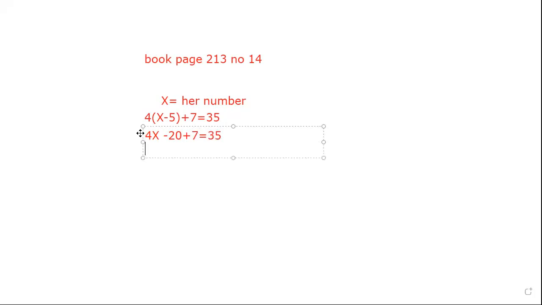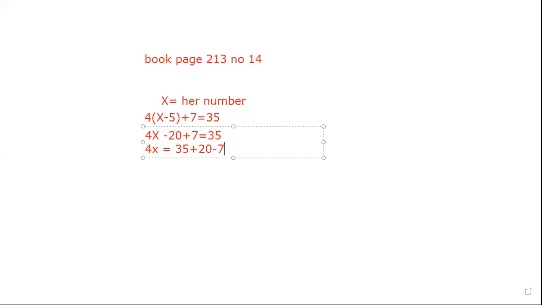We have 4x equals 35 plus 20 minus 7. So it will be how many? 35 plus 20 minus 7 equals 48.